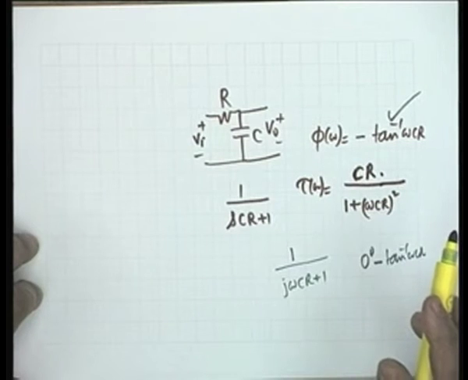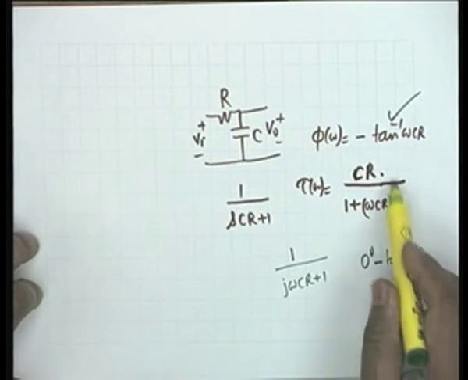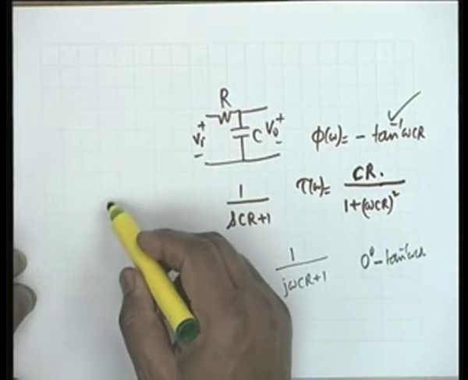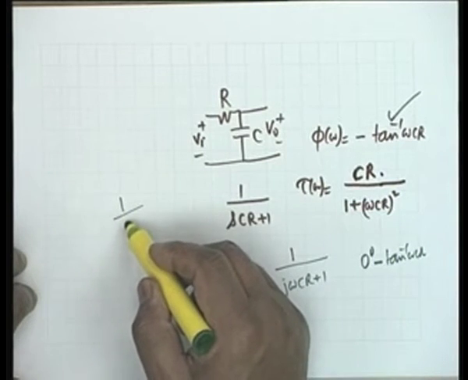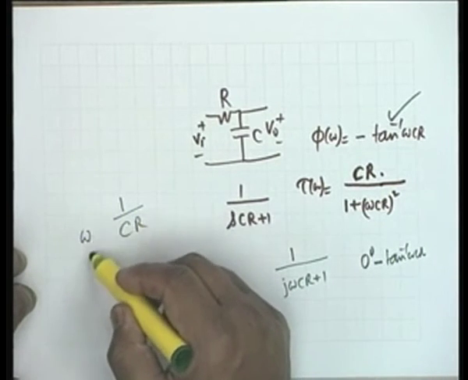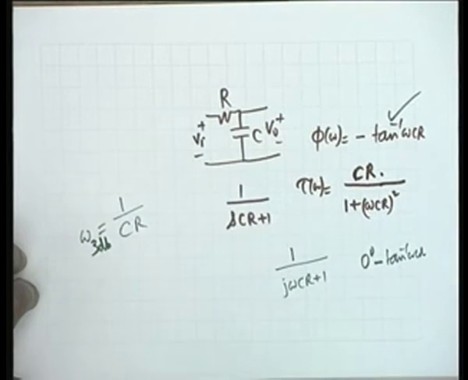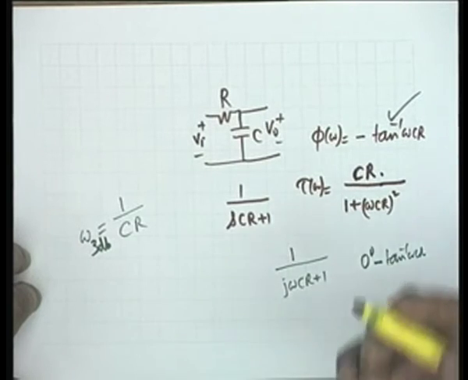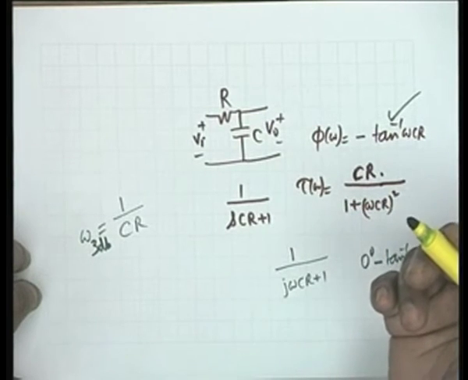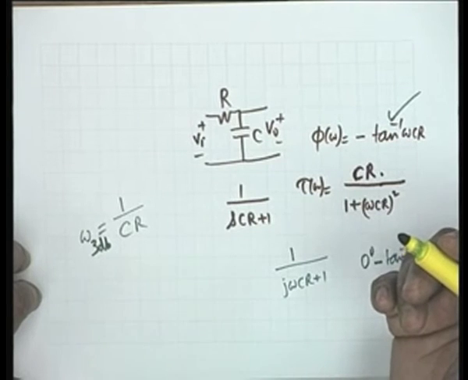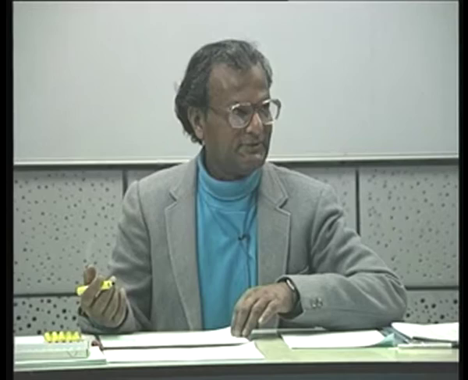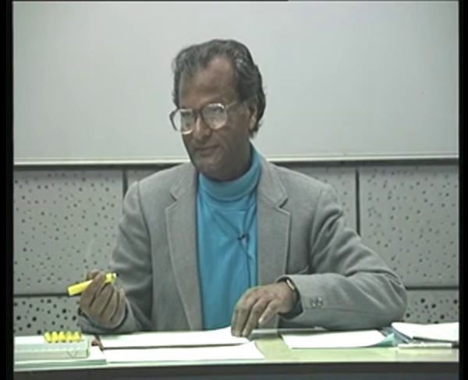Isn't that right? And within the 3 dB frequency, what is the 3 dB frequency? Omega is equal to 1 by CR. This is the 3 dB frequency, the half power frequency, and within the 3 dB frequency the delay remains to within 50% of its DC value.